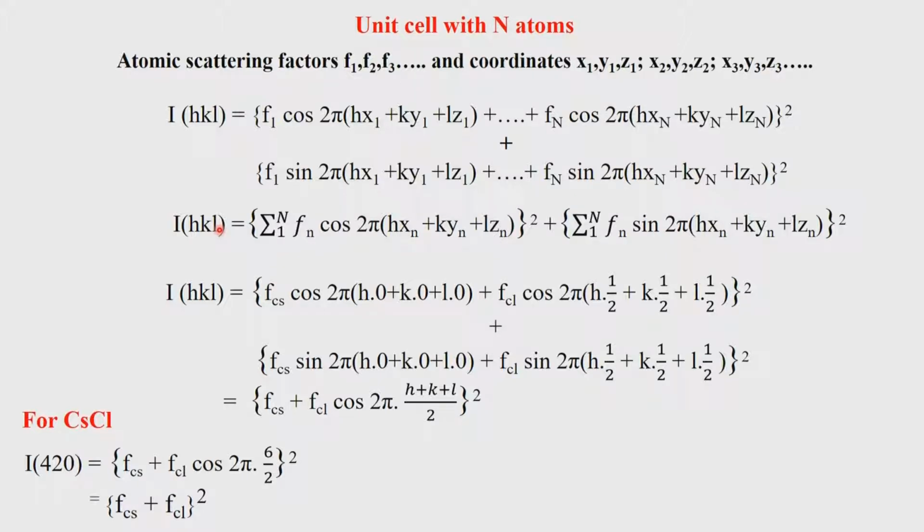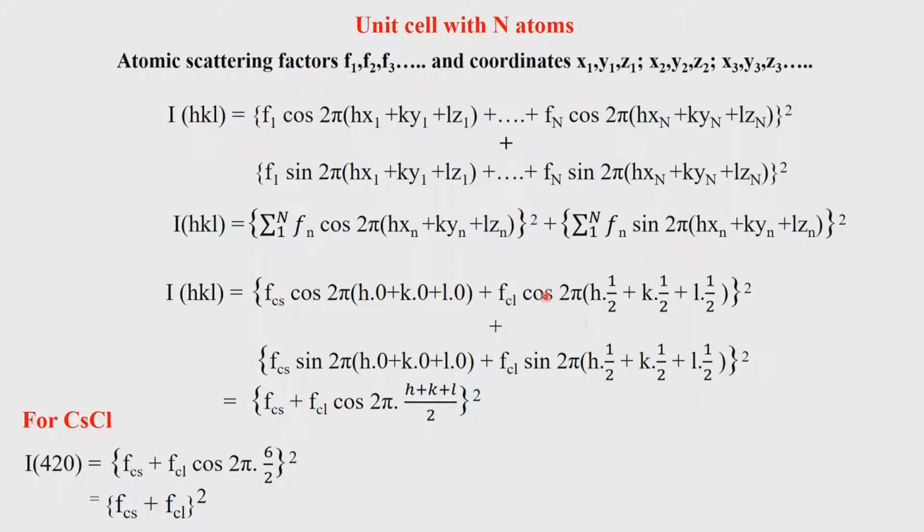So, we take the case of cesium chloride. Cesium is at 0, 0, 0, chlorine is at half, half, half. All we have to do is to substitute the values here. So, f of Cs, the atomic scattering factor of cesium, cosine 2 pi h into 0, k into 0, l into 0, because 0, 0, 0 is the position x1, y1, z1.